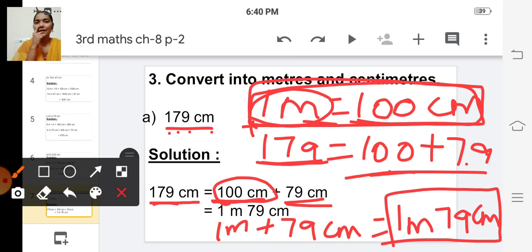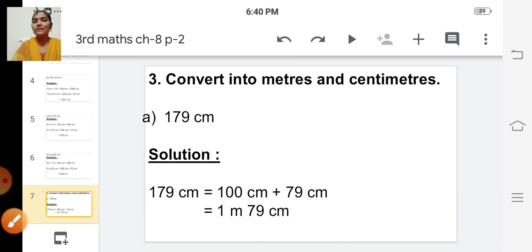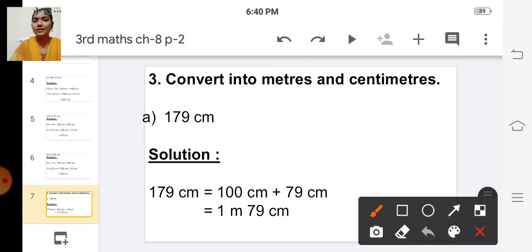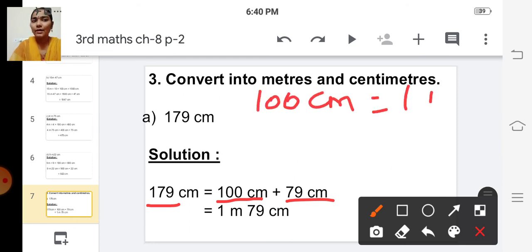Is it clear, children? What we have done is split this 179 into 100 centimeter plus 79 centimeters. We already know that 100 centimeter is equal to 1 meter, so this can be written as 1 meter and 79 centimeters.